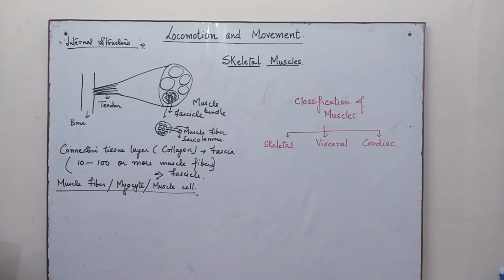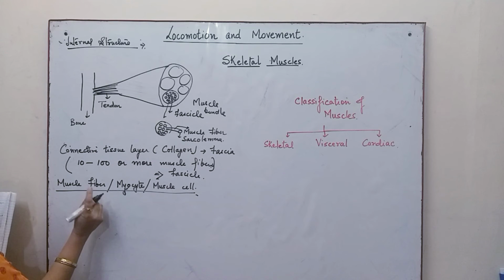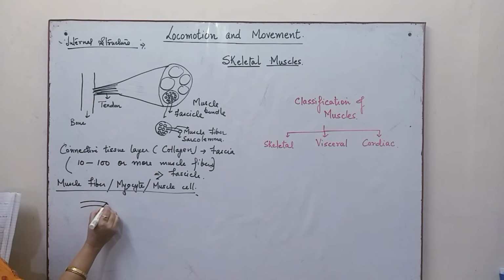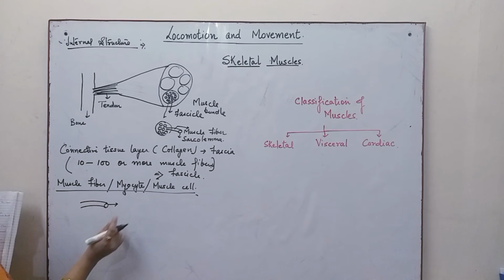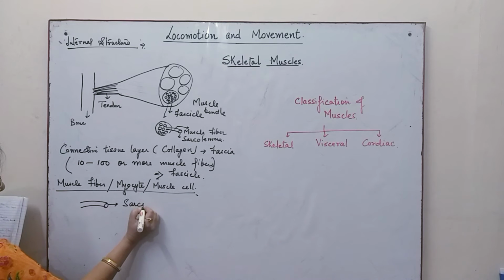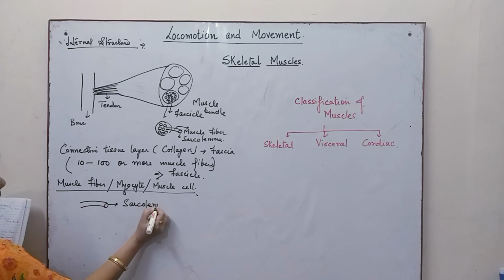These are actually lined by plasma membrane. Each of the muscle fibers is lined by a plasma membrane, and over here we call it sarcolemma.